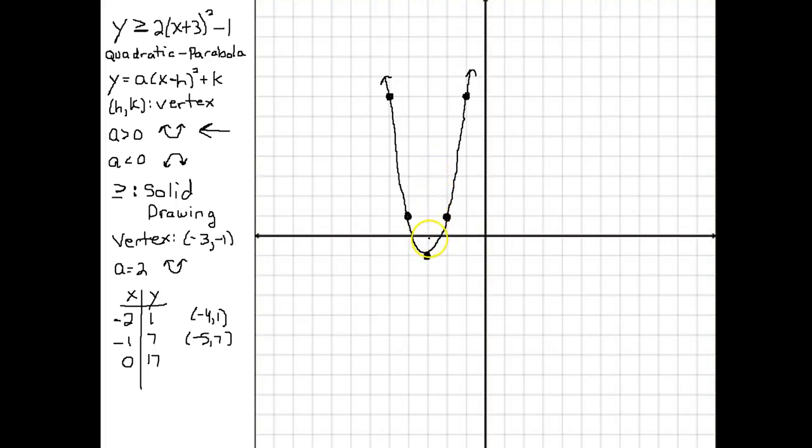And then the -1 tells you you're shifting it down 1. So following your vertex, you go left 3, down 1. Here it is. These 2 points would normally be here and here, but times 2 stretches by a factor of 2. So anyway, there's that. All right, so solid drawing. Here's our parabola. Let's do a test point.